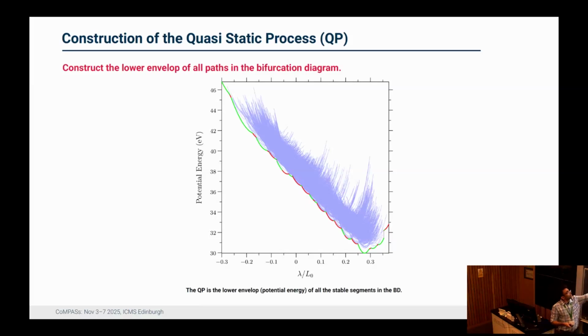And so you construct a lower envelope of all the paths. So in the infinite amount of time, the system can get a sense of what is the minimum and can eventually go there. That is one kind of regime of dynamics.